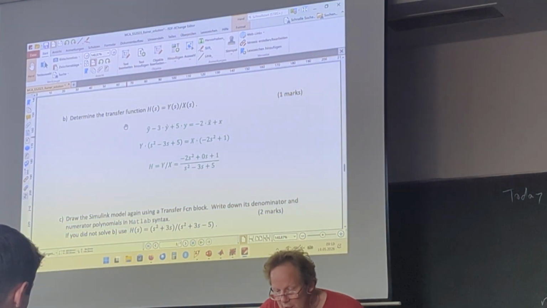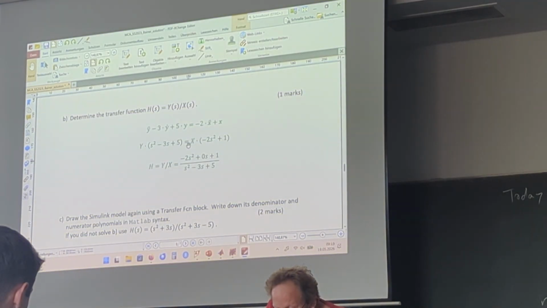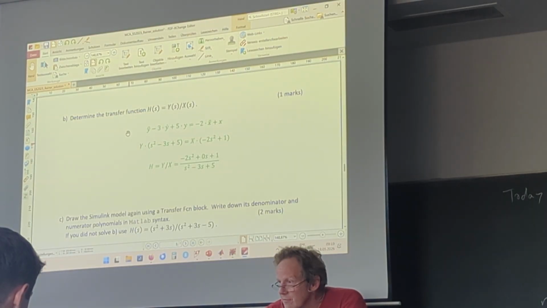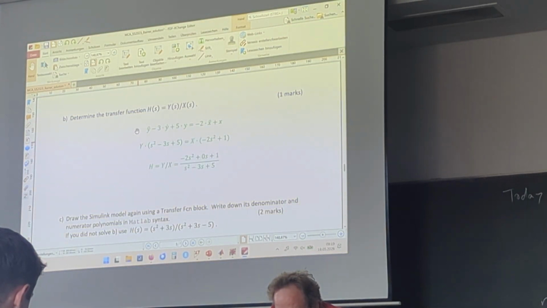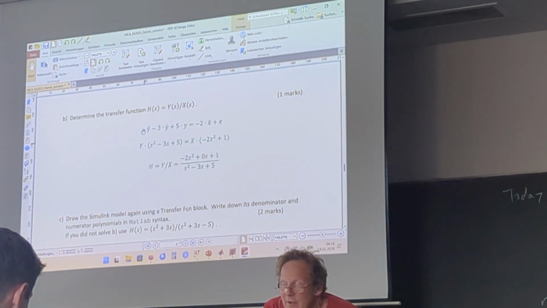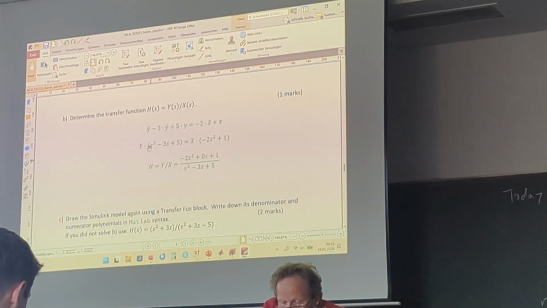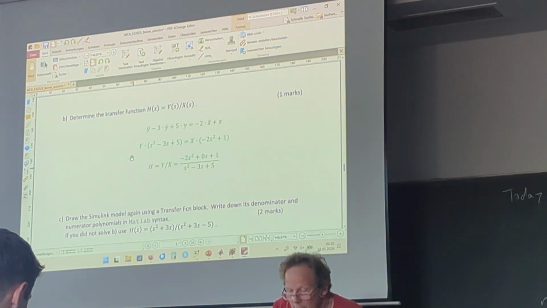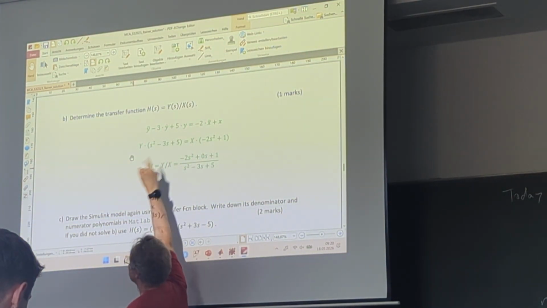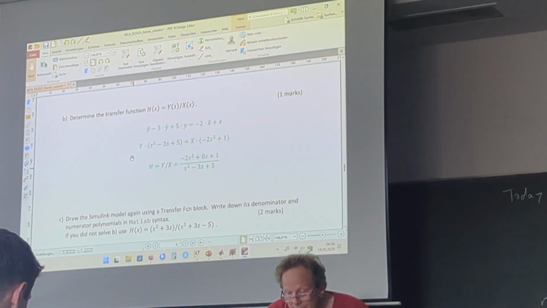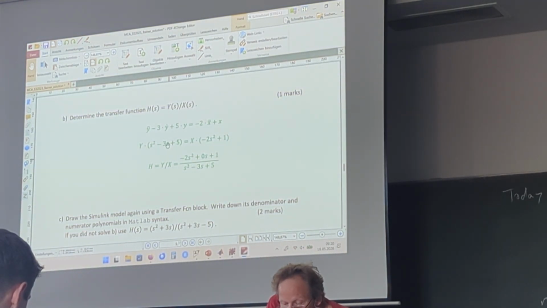So that's why we use here capital Y and capital X, that's the amplitudes. And each derivative becomes a multiplication with S, the Laplace S. So for example here, a second derivative of Y, of the time signal Y, is then the amplitude Y multiplied with S squared. Or minus 3 times Y dot becomes minus 3 times S multiplied with the amplitude Y.